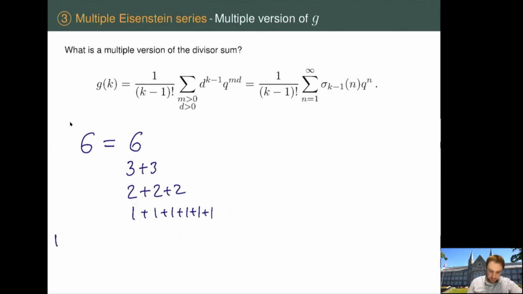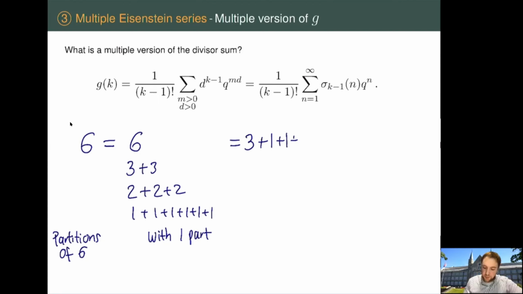But these here are also partitions of 6. And these are partitions with just one different part. Of course, there are more partitions of 6. For example, 6 can also be written as 3 plus 1 plus 1 plus 1, or as 2 plus 2 plus 1 plus 1.